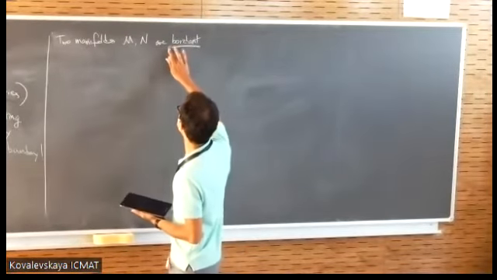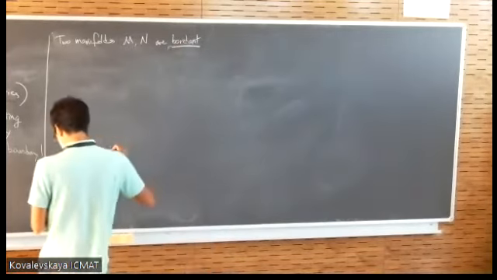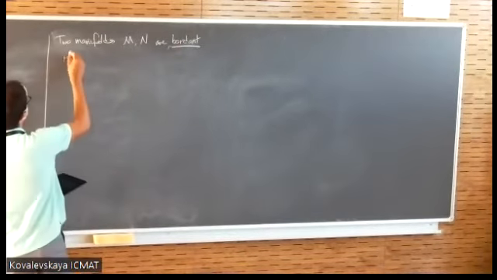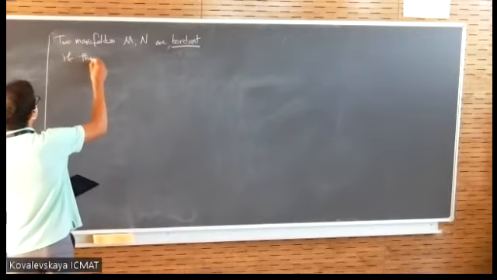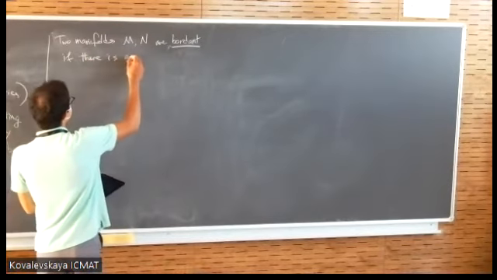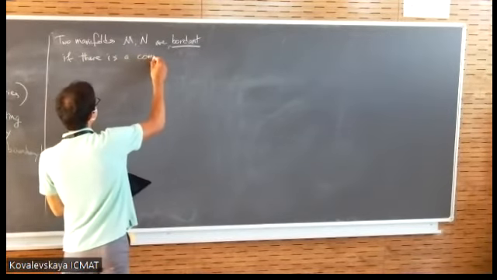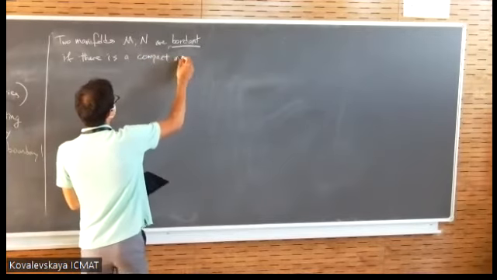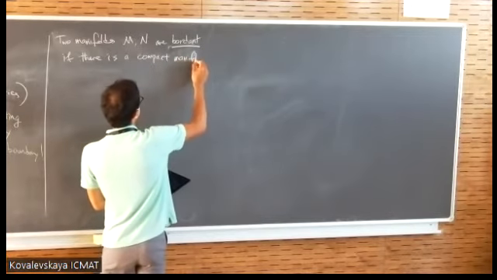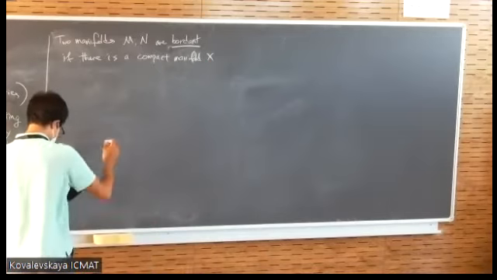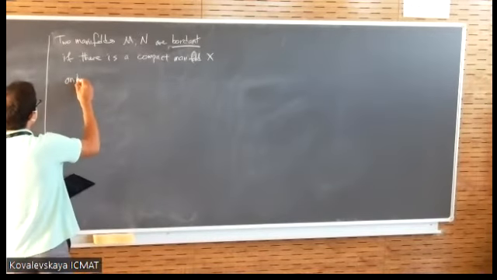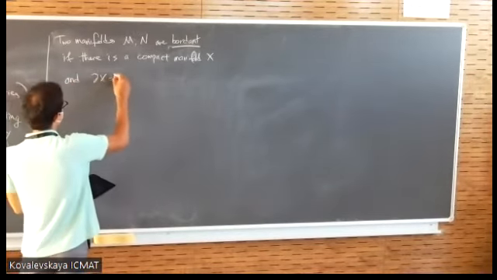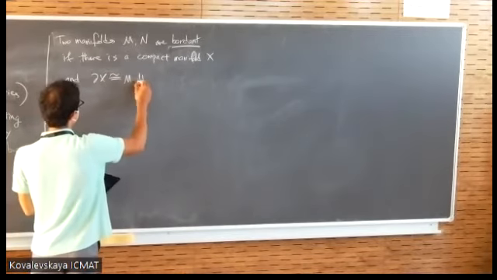But in the interest of writing 2 fewer letters, I will use bordant. So two manifolds are bordant if there is a compact manifold X and a diffeomorphism of the boundary of X to M disjoint union N.